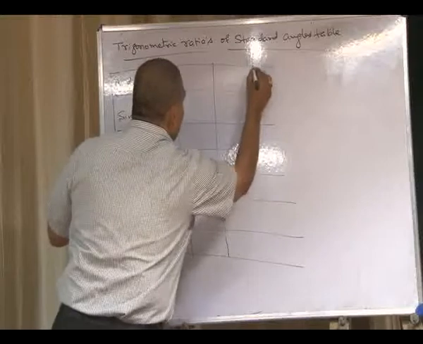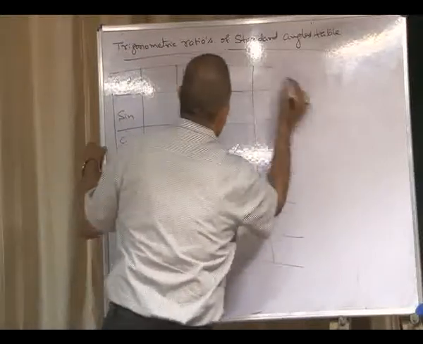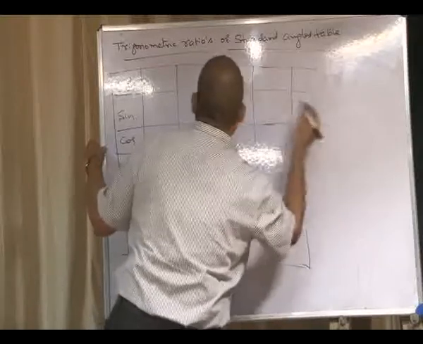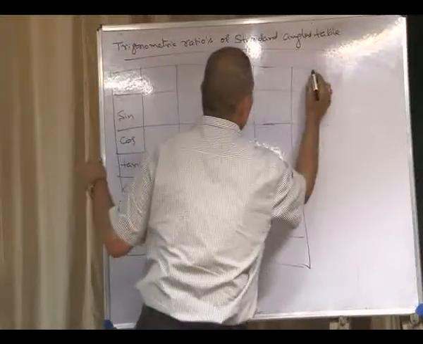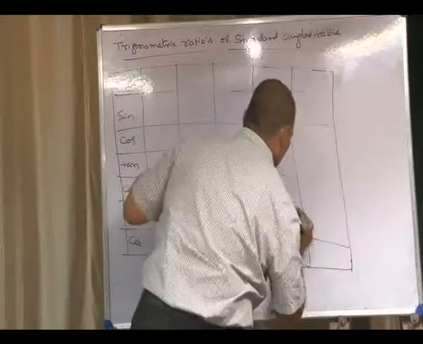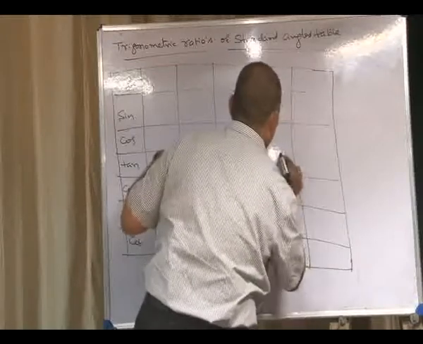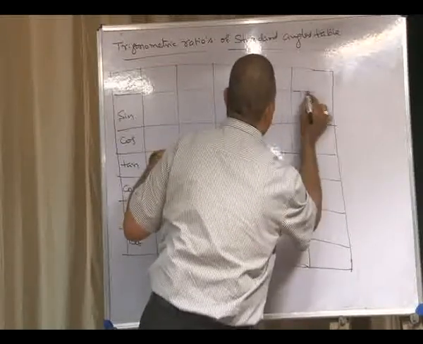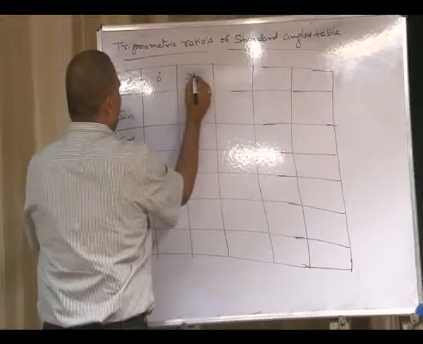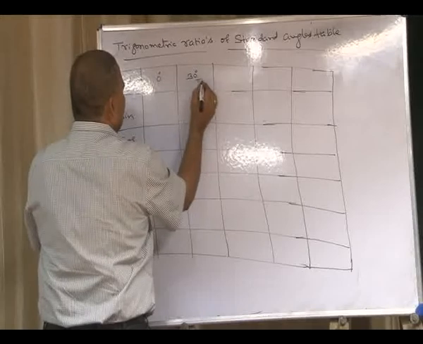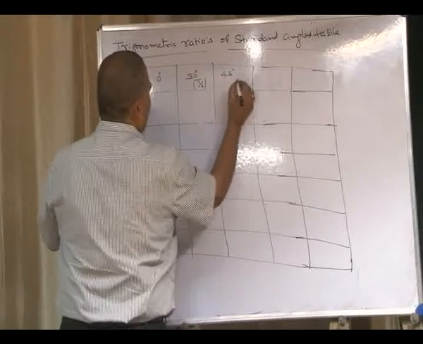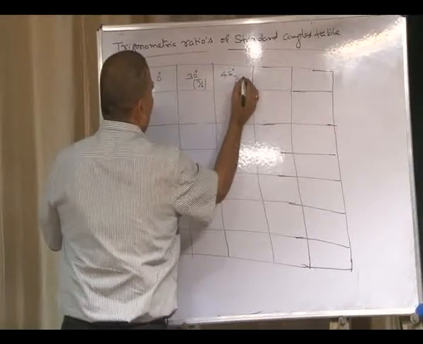Degree 45. That is 0 degree, 30 degree. 30 degree is pi by 6 radian. 45 degree is pi by 4 radian.